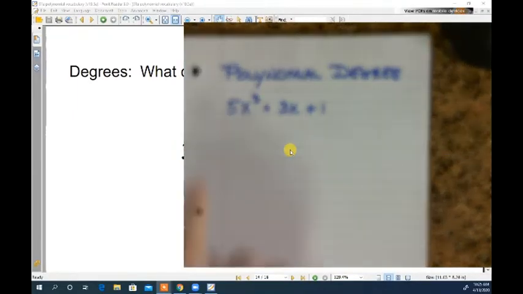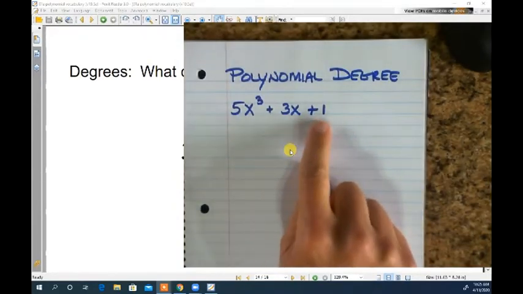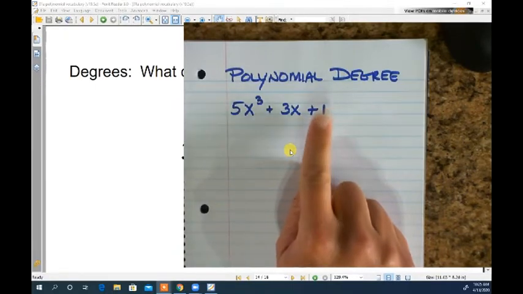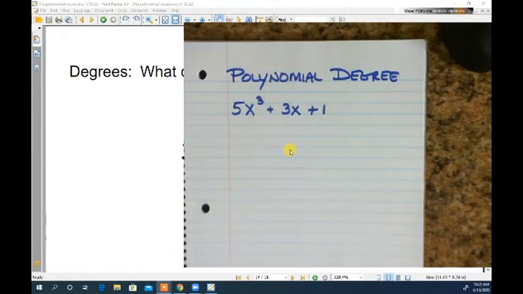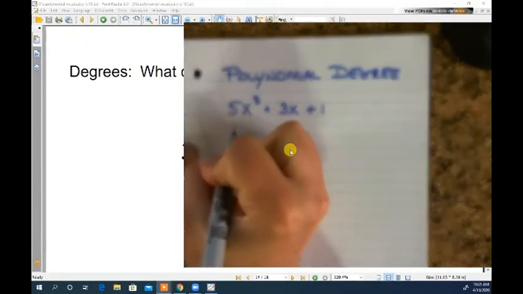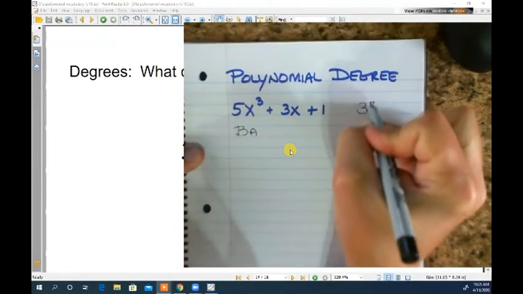So the degree of this monomial is 3, the degree of this monomial is 1, and the degree of this monomial is 0. It's actually x to the 0 power. So the degree of the polynomial is based off of the highest monomial. So it's a third degree.